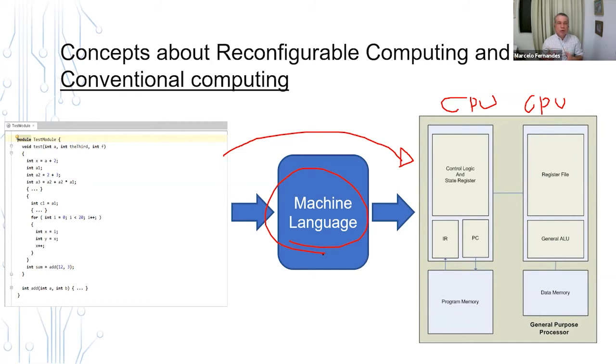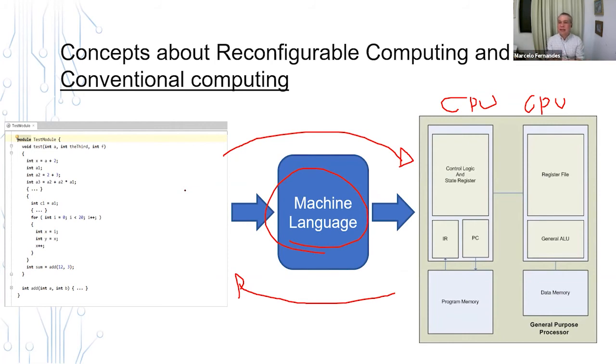Reconfigurable computing has another idea. You go the other way. In reconfigurable computing, you create a specific hardware for the specific algorithm. You don't need to transform your algorithm to a hardware; you model your hardware to the algorithm.